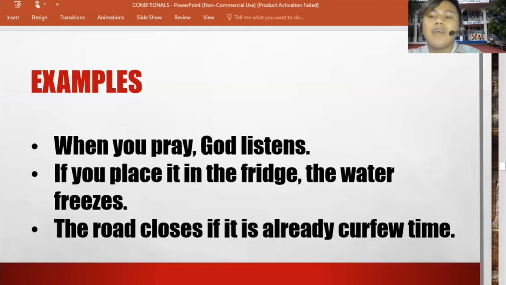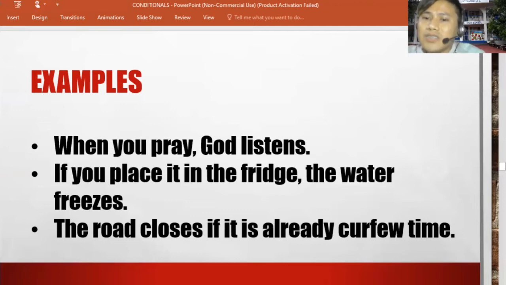So here are our examples. When you pray, God listens. In this sentence, instead of using if, we made use of when as an alternate for if in our condition. So our condition here is when you pray, and our result, once you pray, is that God listens to your prayer.